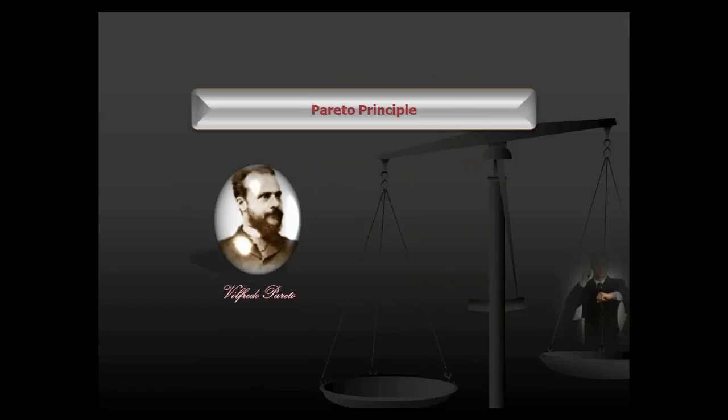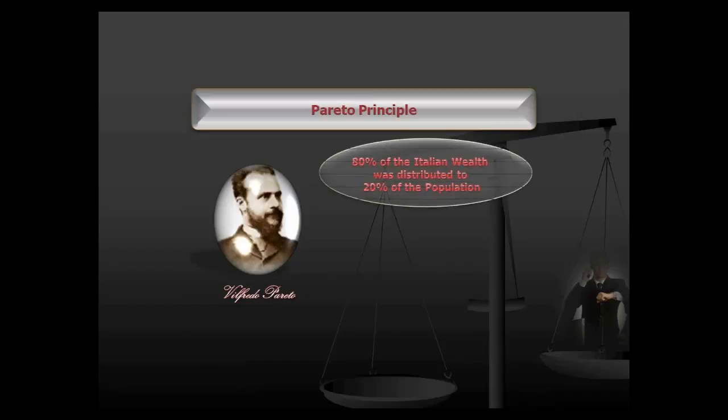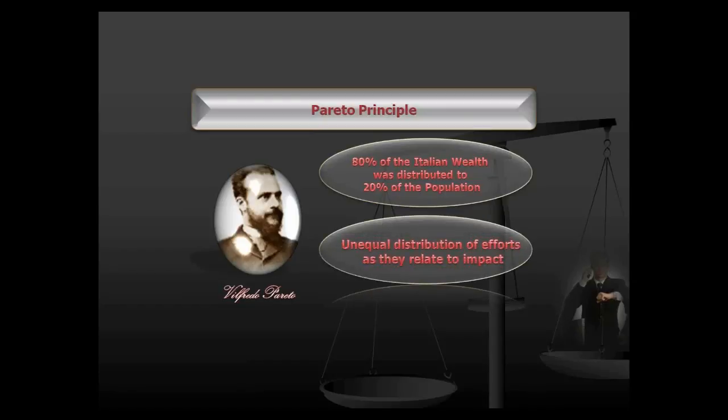Okay, Wilfredo Pareto was an economist, an Italian economist in the 1900s. He noticed something very interesting, that 80% of the Italian wealth was allocated to 20% of the population. Okay, meaning that the other 20% was shared among 80% of the population. That led him to develop his theory that there's an unequal distribution of efforts as they relate to impact.